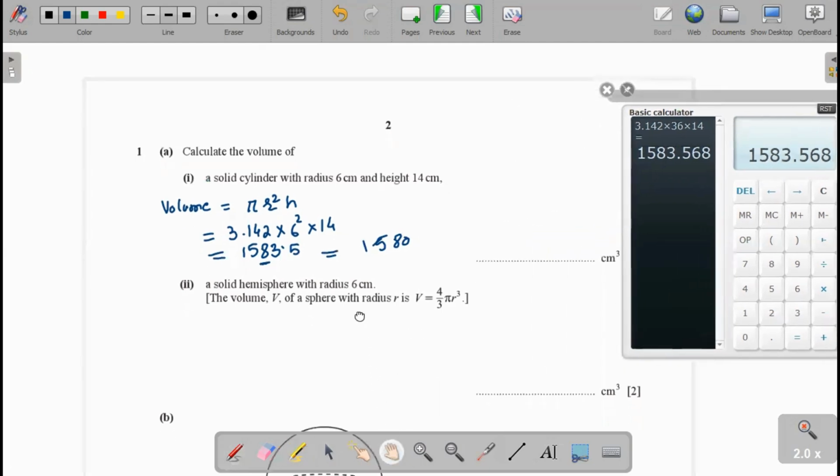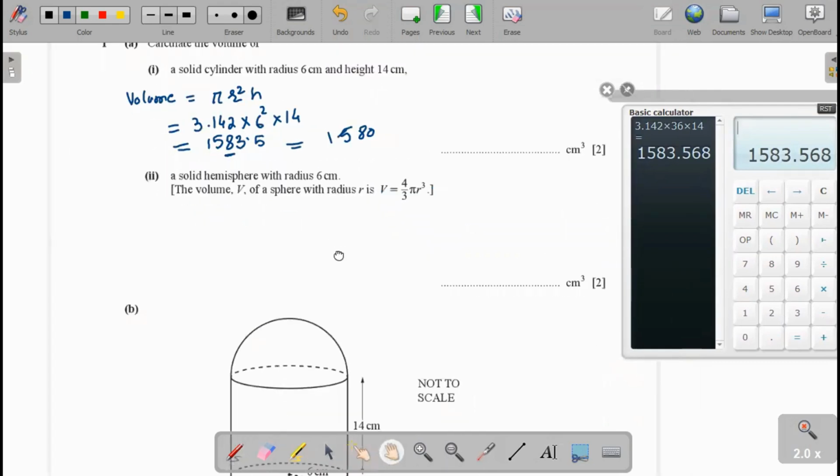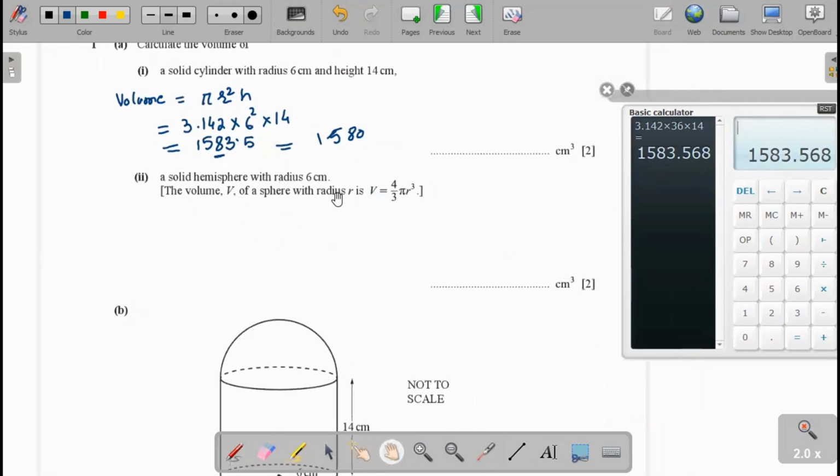You see here in the second part, a solid hemisphere with radius 6 centimeter. The volume of sphere with radius r is V equal to 4 over 3 pi r cube. Now to find the volume of hemisphere, the volume of sphere we know is 4 over 3 pi r cube.